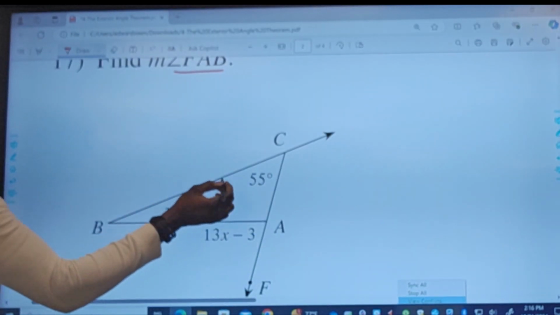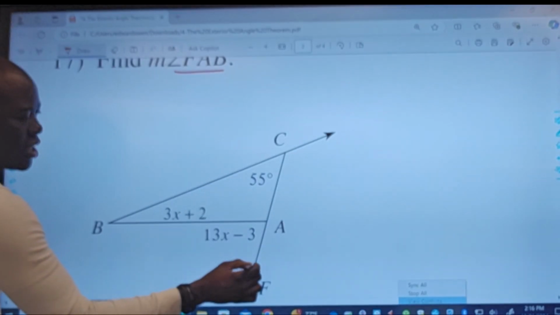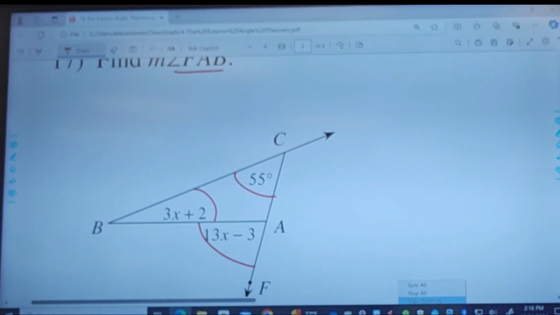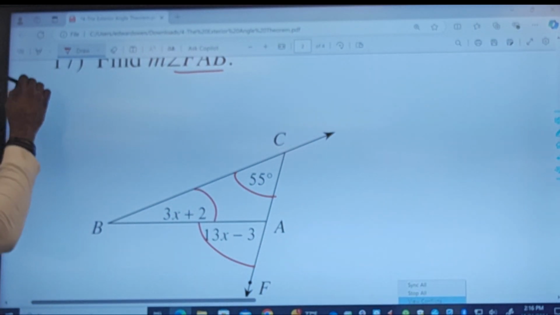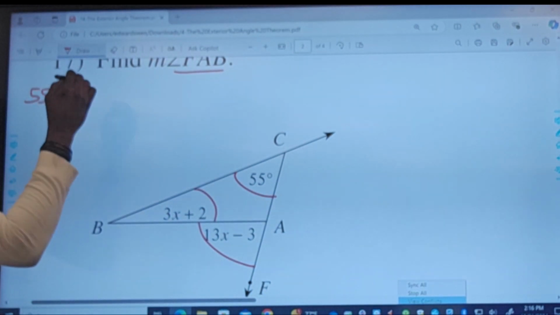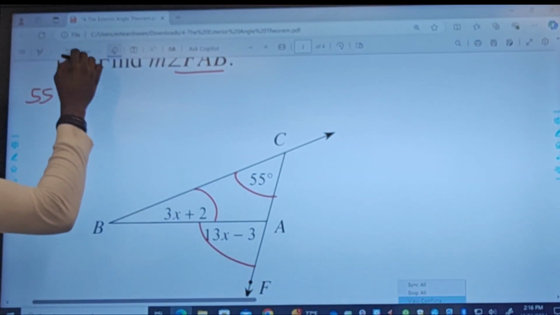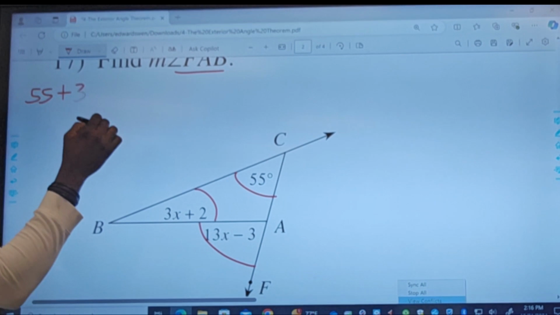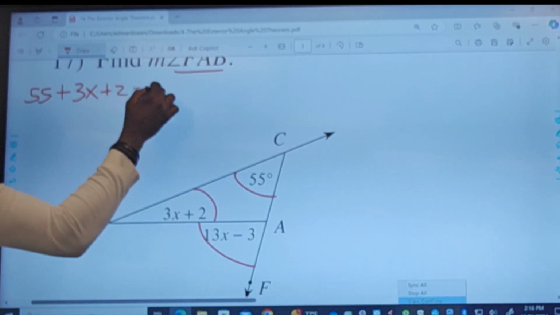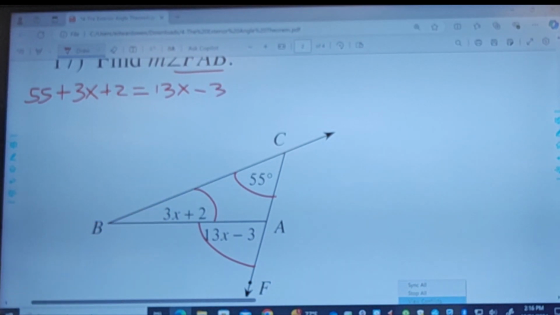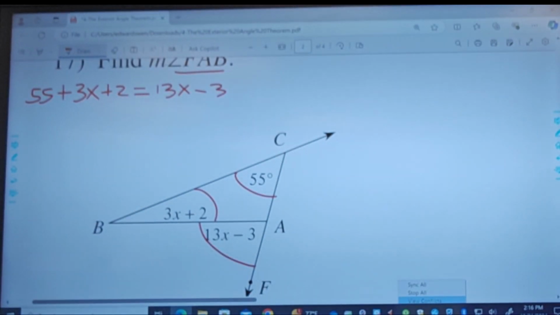So let us set up what we have, right? Look, we did get an exterior angle here along with 2 remote interior angles. So 55 plus 3x plus 2 is 13x minus 3. Same setup.